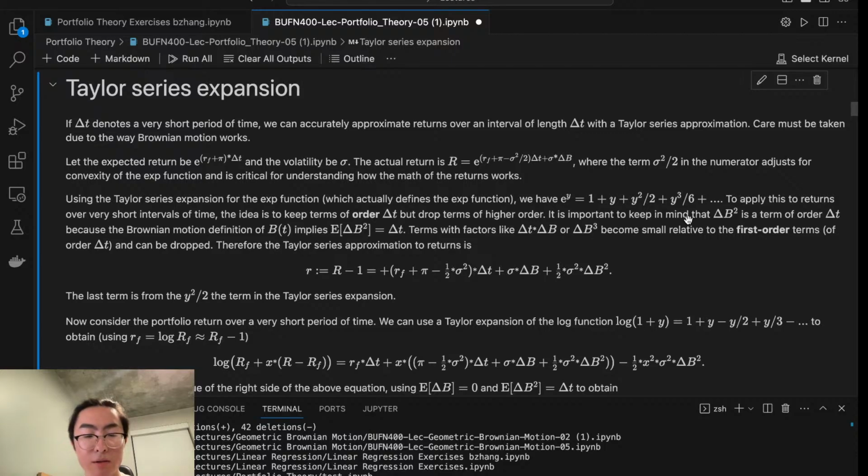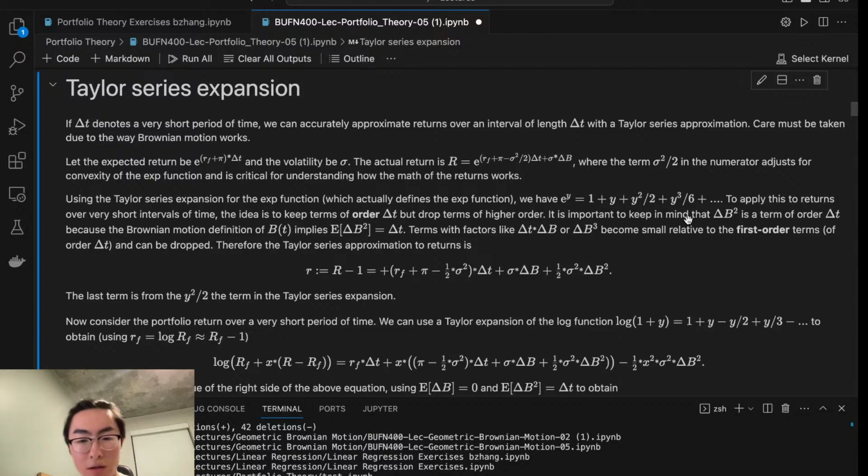Which actually defines the exponential function we have. E of y is equal to 1 plus y. So first, there's a term of order delta t because of the Brownian motion definition of B of t. B t squared implies the expectation of the change in Brownian motion squared is equal to delta t.